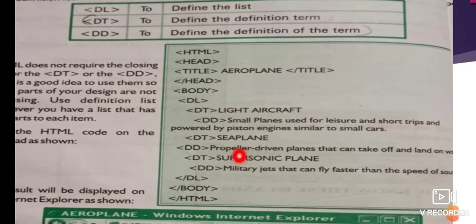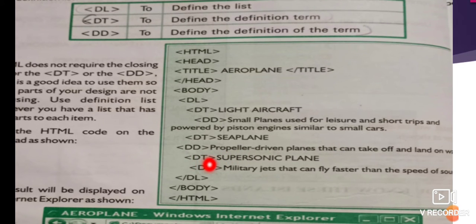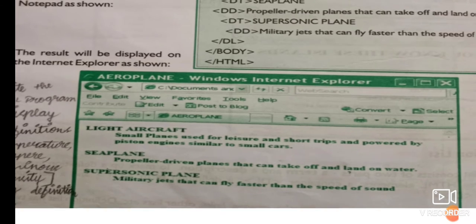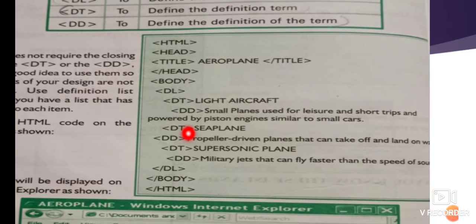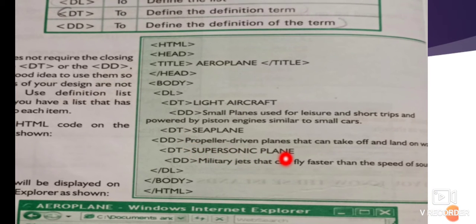And then another definition is given here, DT, supersonic plane, and the definition is military jets that can fly faster than the speed of sound. Okay, so three definitions are defined here. First one, light aircraft, second one is seaplane, and third one is supersonic plane.